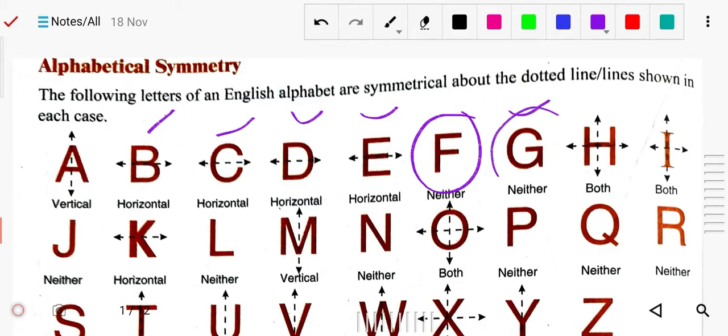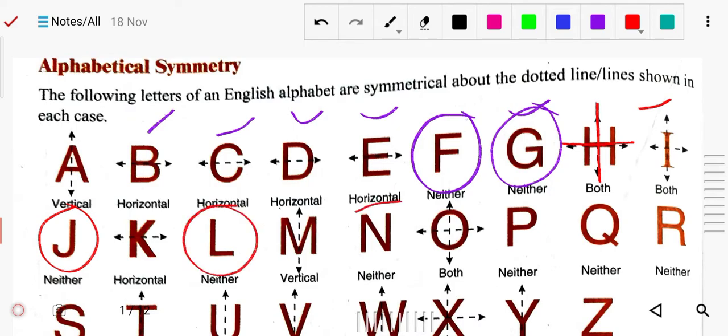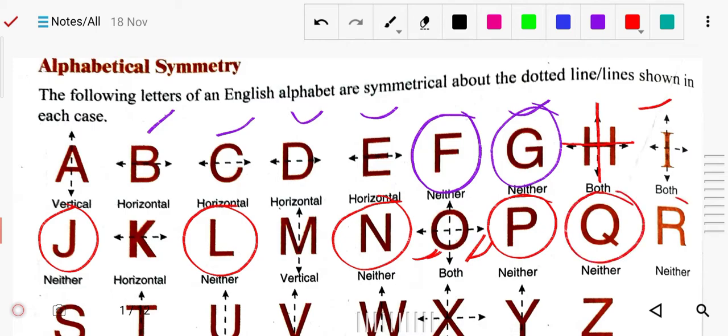Similarly for G also not possible. In the case of H, you can fold it both ways, vertically and horizontally. For I also both. J is neither, you are not able to do it. K only horizontal. L is neither, not possible. And O is for both. P not possible. Q neither, R also neither.